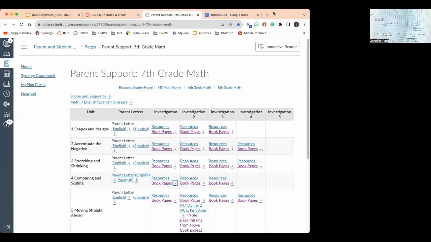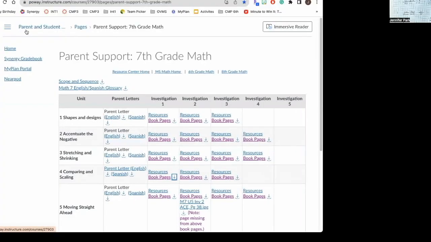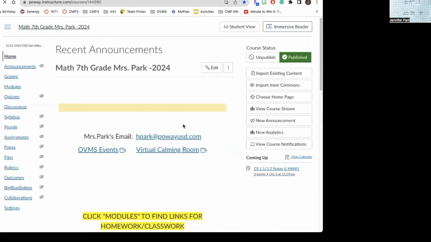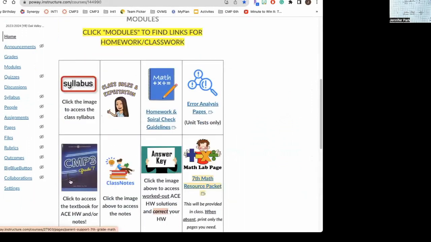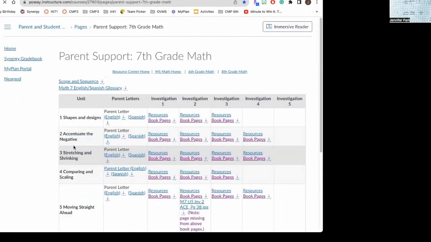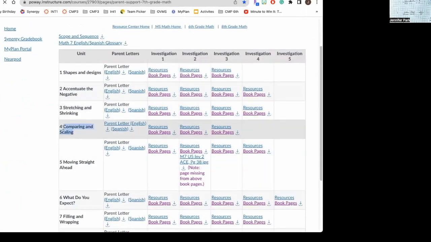Go to our Canvas page. Let me share my screen right here. So on our Canvas homepage, you can go to the textbook, click here to access the textbook ACE problem. And make sure you go to Comparing and Scaling. And you're going to look at the book pages for Investigation 1.